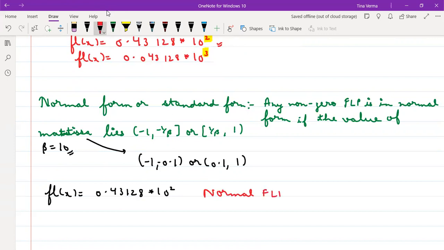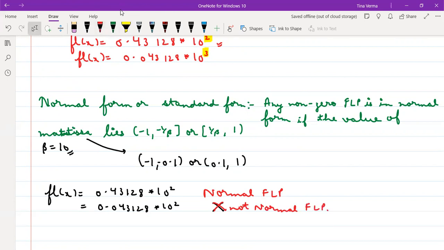This is the normal form of the representation. But on the other hand, if I am writing 0.043128 into 10 raised to the power 2, this is not the normal floating point representation of the number.